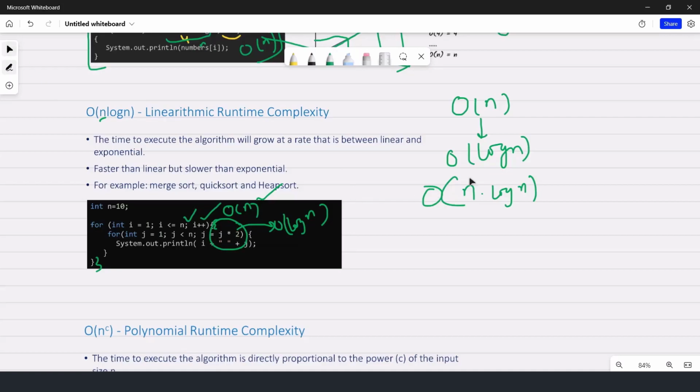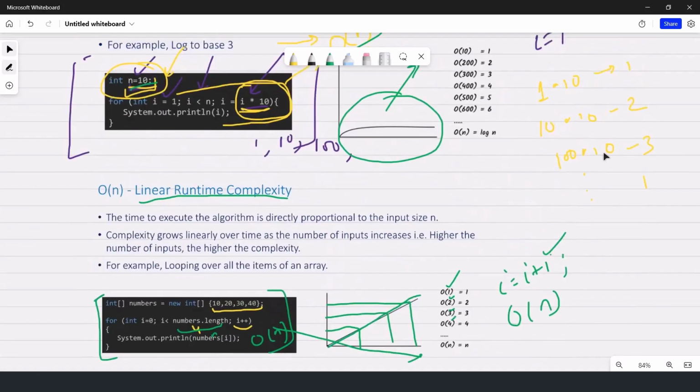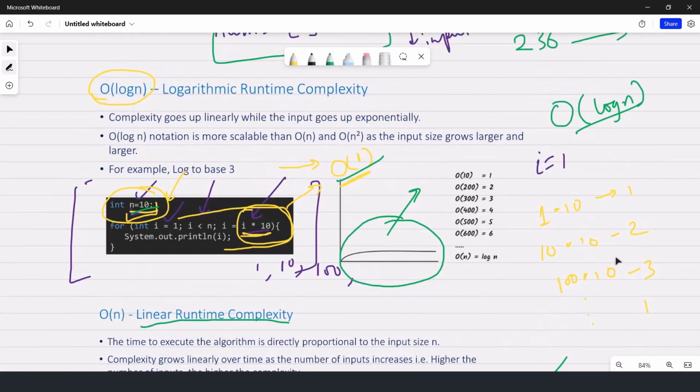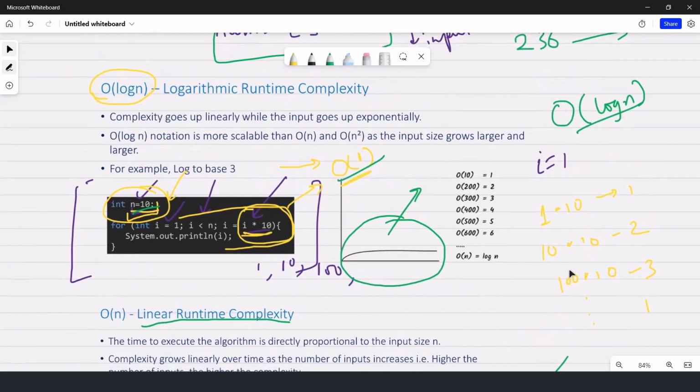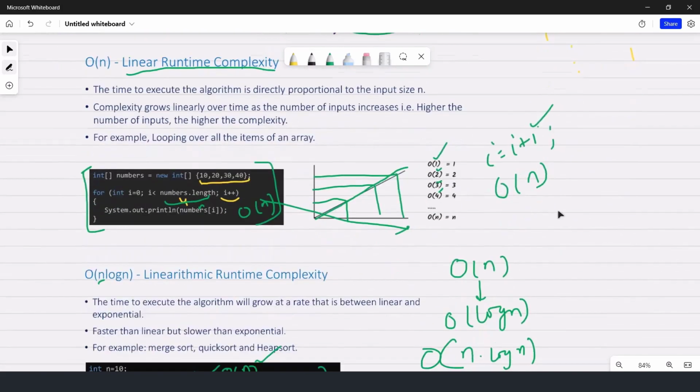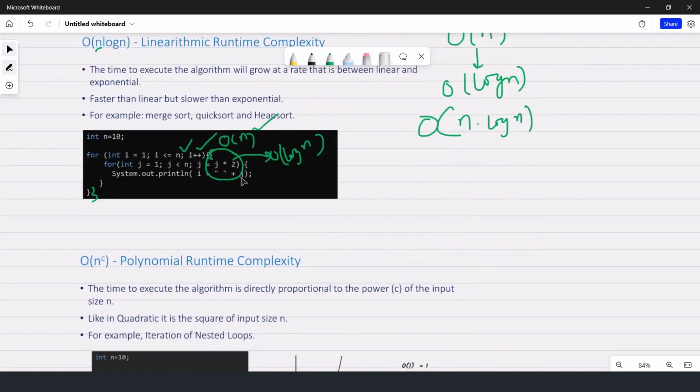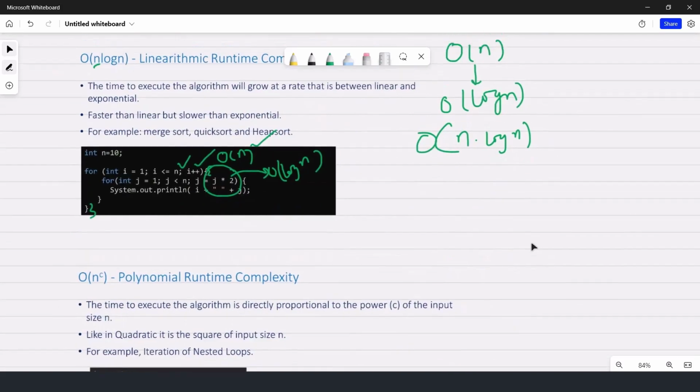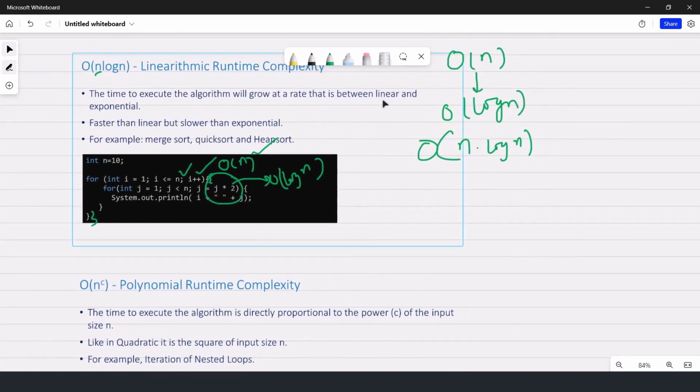Similarly, when we learned logarithmic individually, if you remember, it was i into 10. Here it is not i into 10, it is basically j into 2. So this is again logarithmic, right? So when both are multiplied, that is O of n log n. That's how you're going to find the complexity of the algorithm.